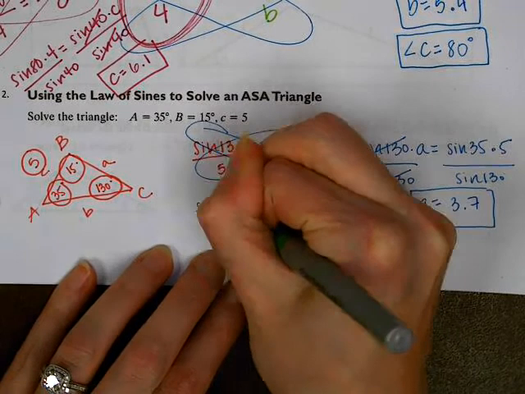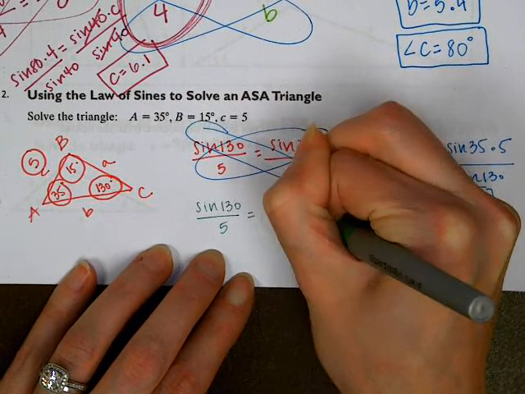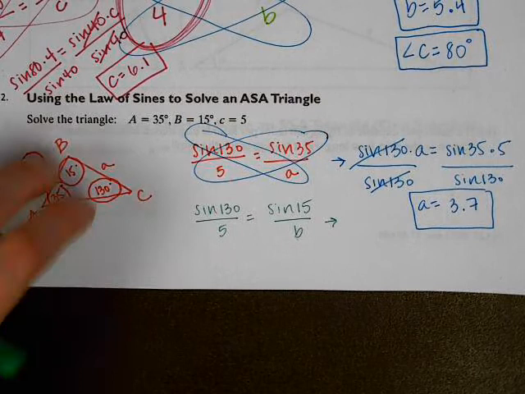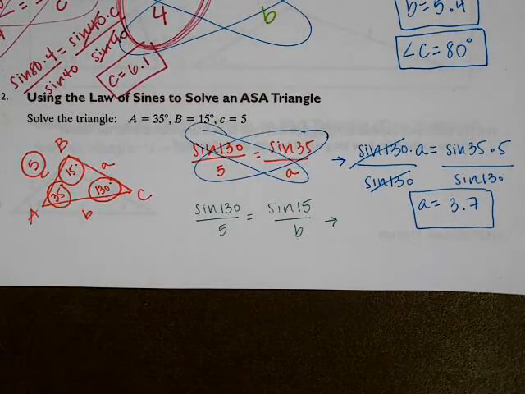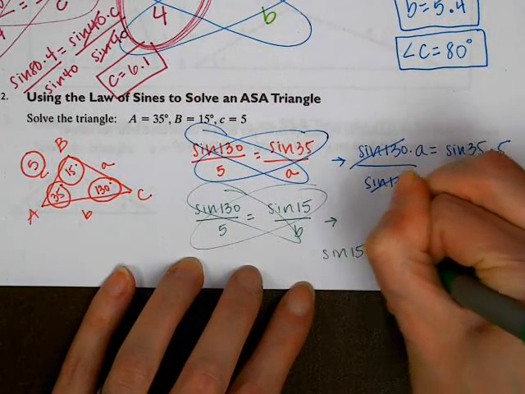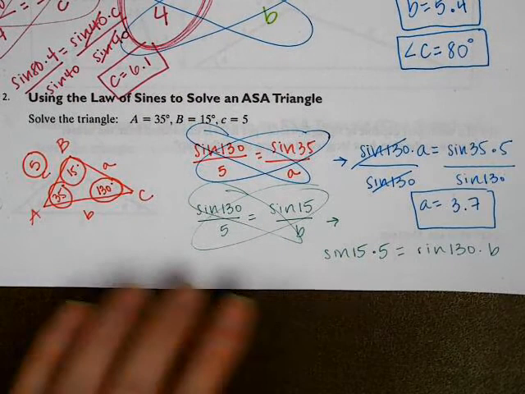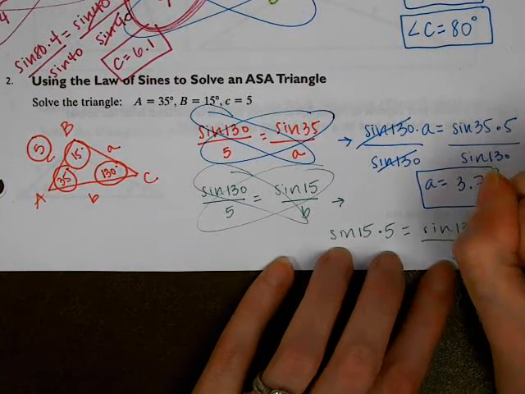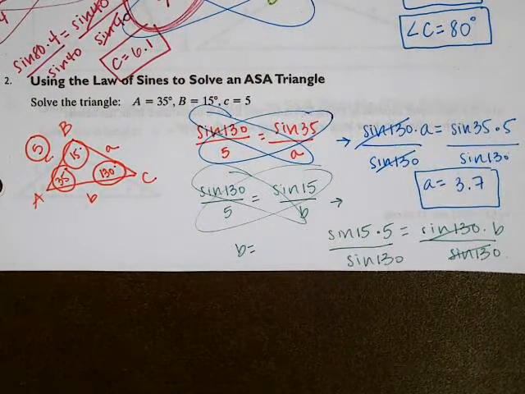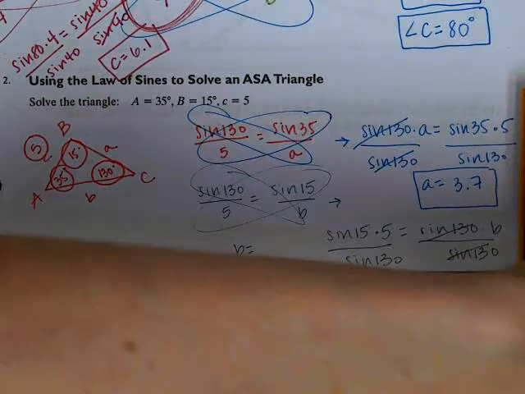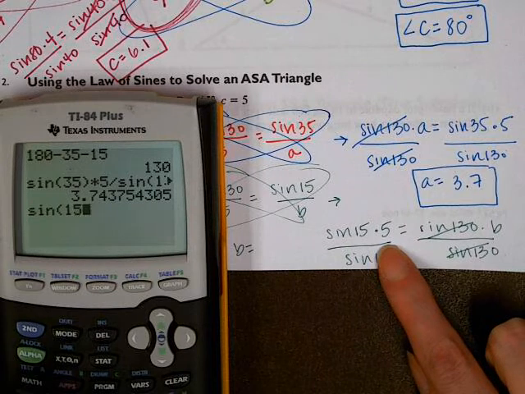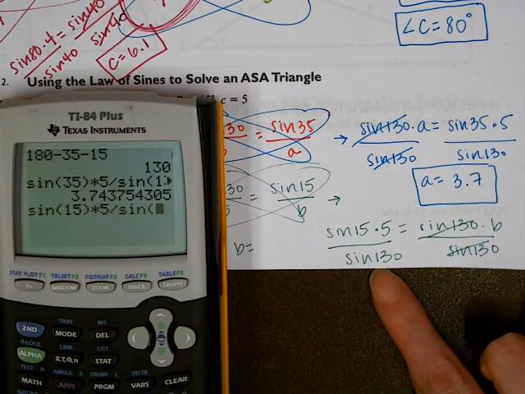So sine of 130 over 5 equals sine of 15 over B. So stick with the one that you have both of, and then just do it 2 different times to find A and B. All right, so if we cross multiply, we get sine of 15 times 5 equals sine of 130 times B. And then obviously to solve for B, we divide both sides by sine of 130, and then we can get B. Okay, so in the calculator, it's sine 15 times 5 divided by sine of 130.